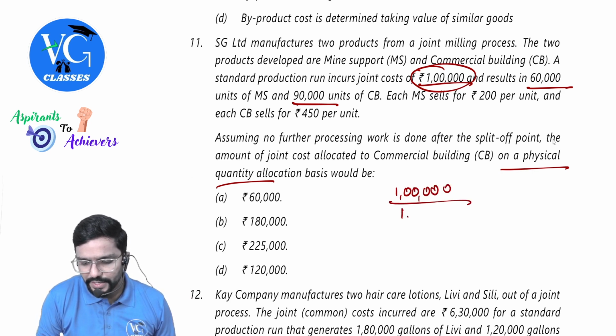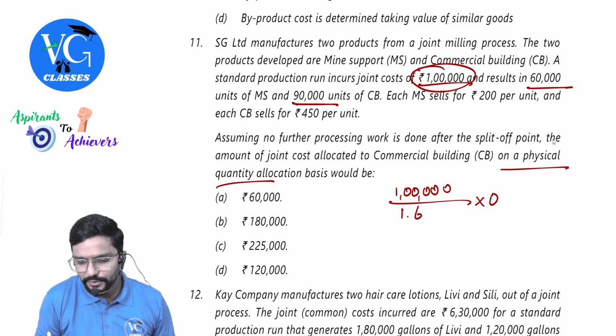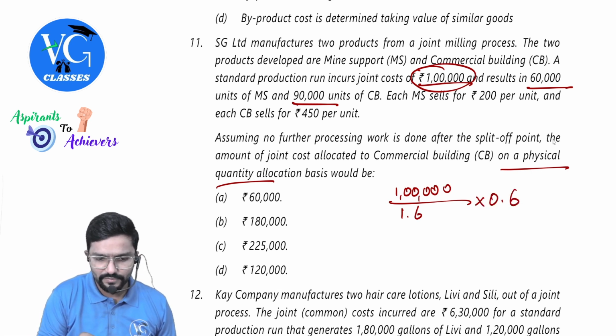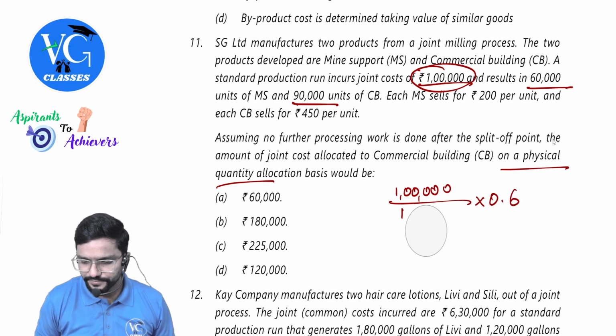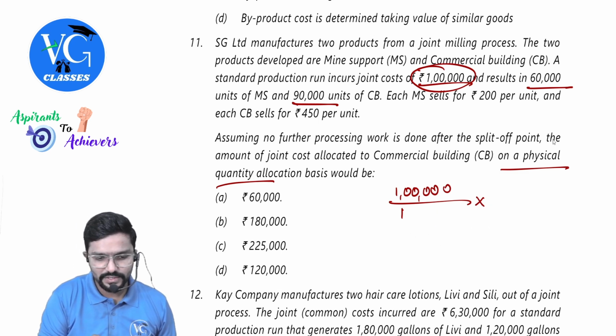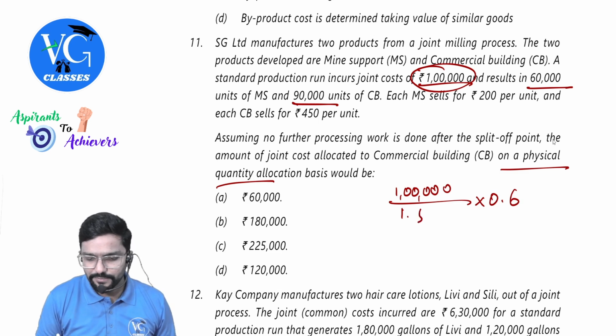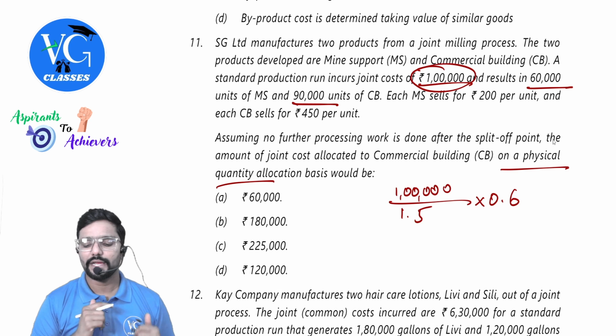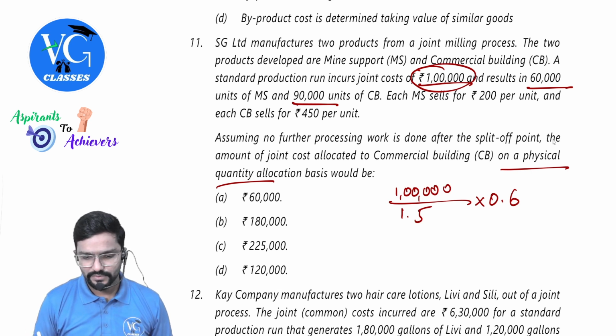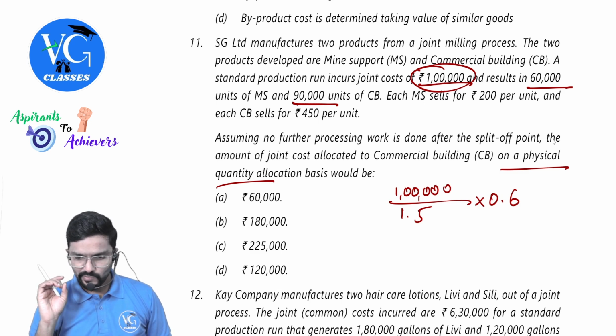Divided by total quantity 1.5. This was correct. Okay, this is 1.5. So correct? 60 plus 90. 60 plus 90. So how much is that, guys? For CB they are asking. Commercial.